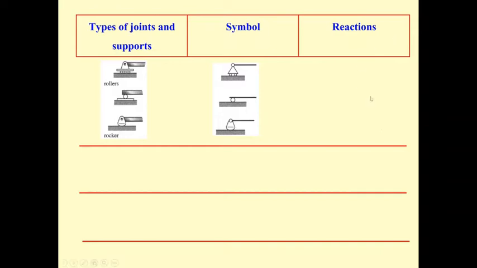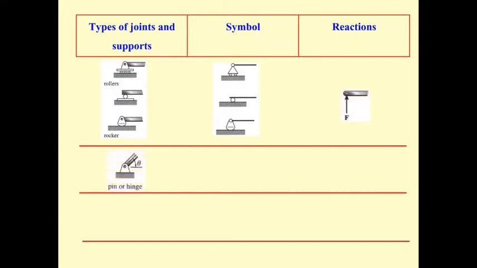In conclusion, this is the roller, and the roller as shown here has this symbol. By having this symbol, it means this support resists the force vertically by preventing the movement in the vertical direction. However, in the horizontal direction, it can move freely. So this roller has the reaction like this.